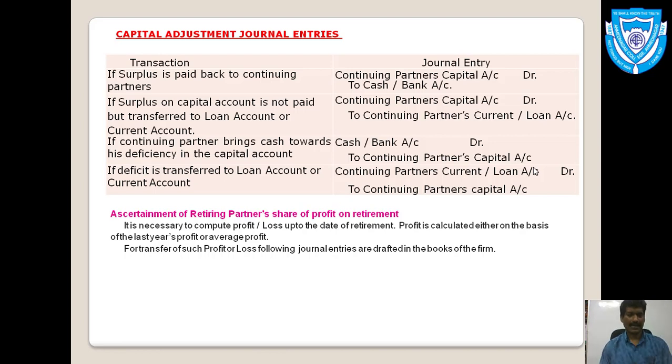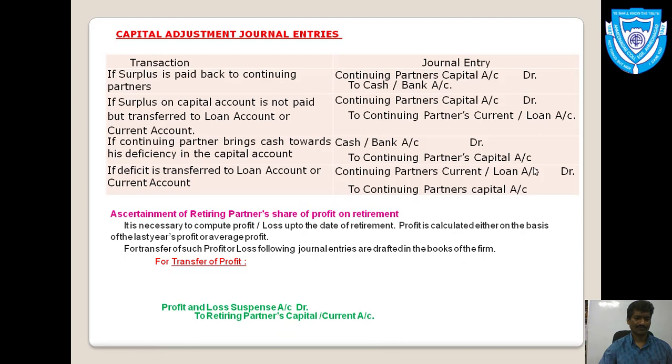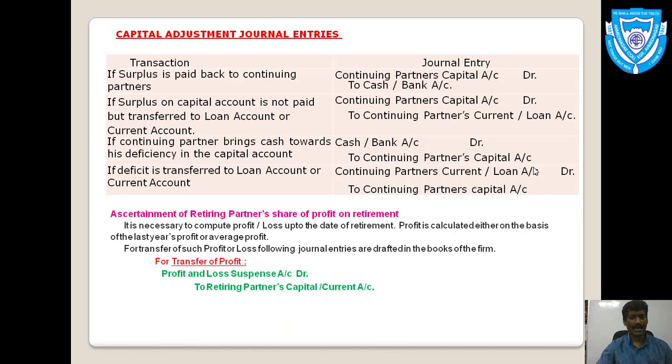त्याच्यामध्ये तुम्ही पाहिलेलं आहे. And for this purpose some journal entries are passed for transferring of the amount of the retiring partner. So let us see for transfer of profit and loss suspense account debit to retiring partner's capital account.